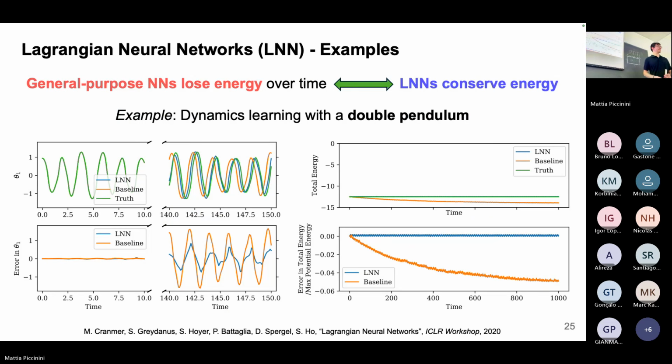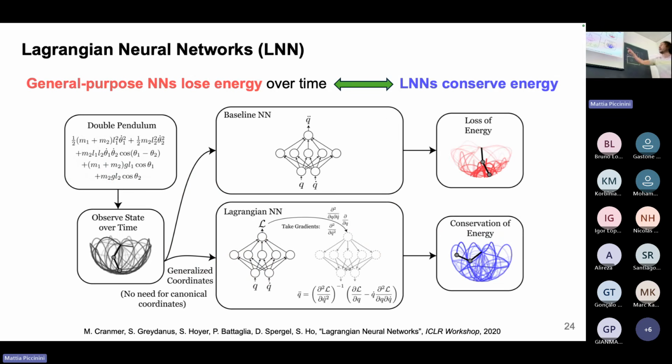The reason why this happened is because when you create a network like this, you estimate q double dot. I don't remember if in this training they also perform the training in a loop or not for this one. Do you remember?